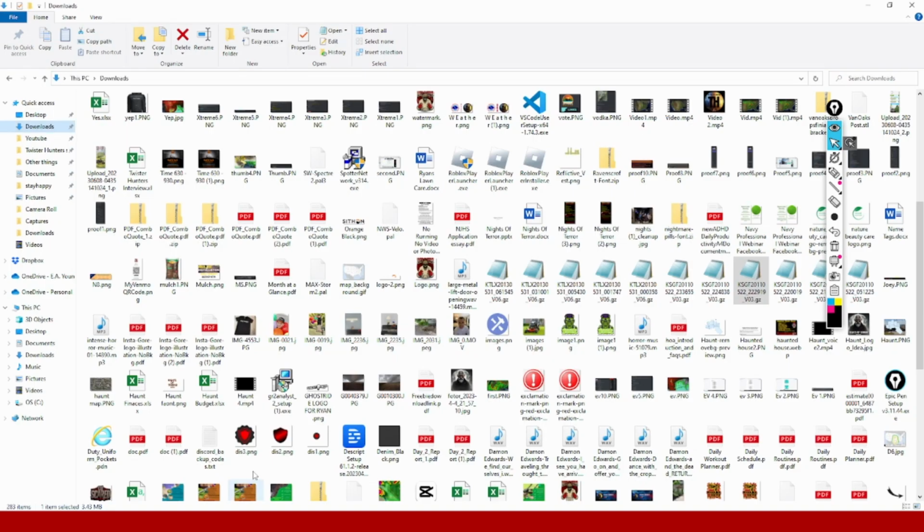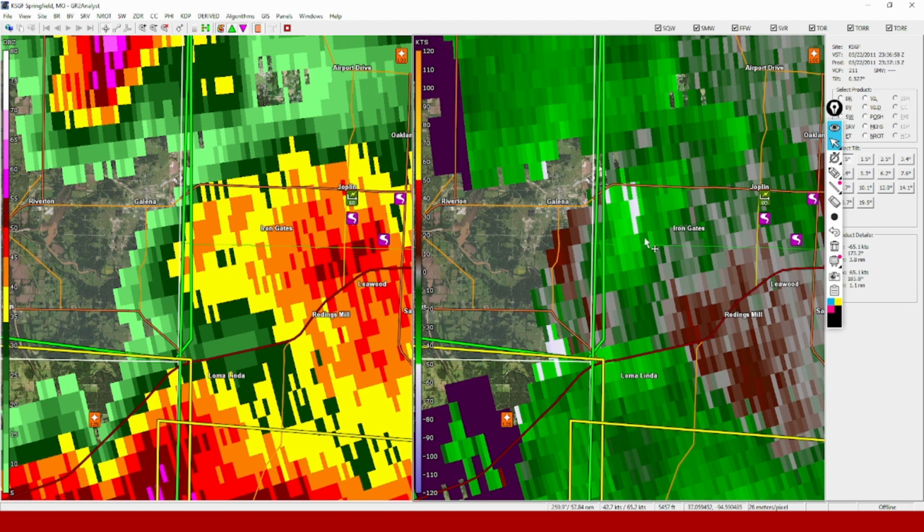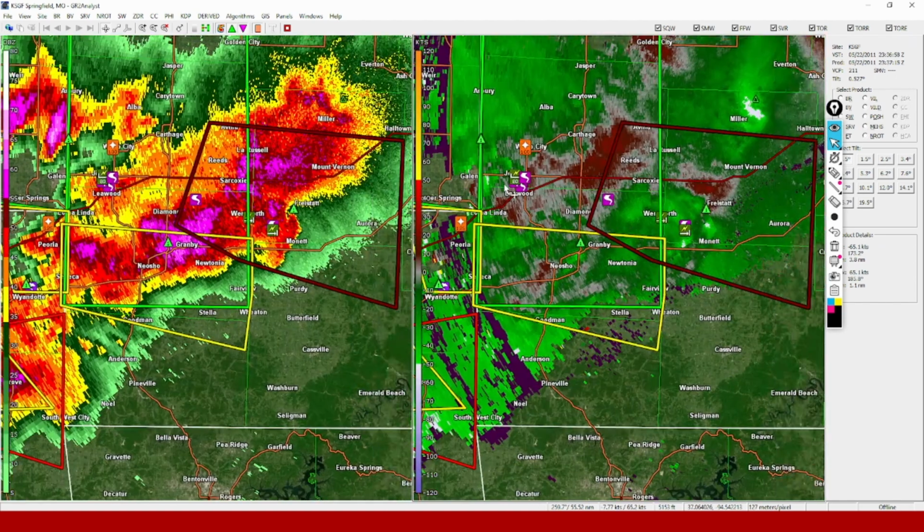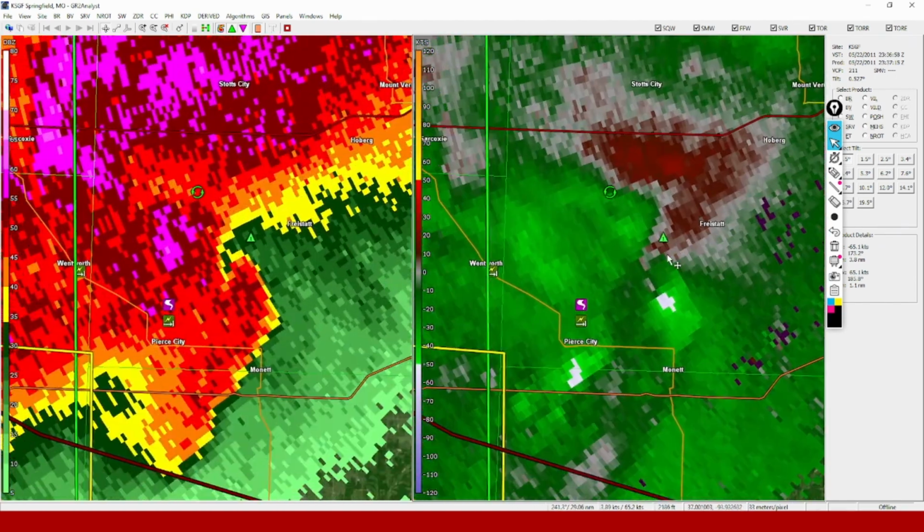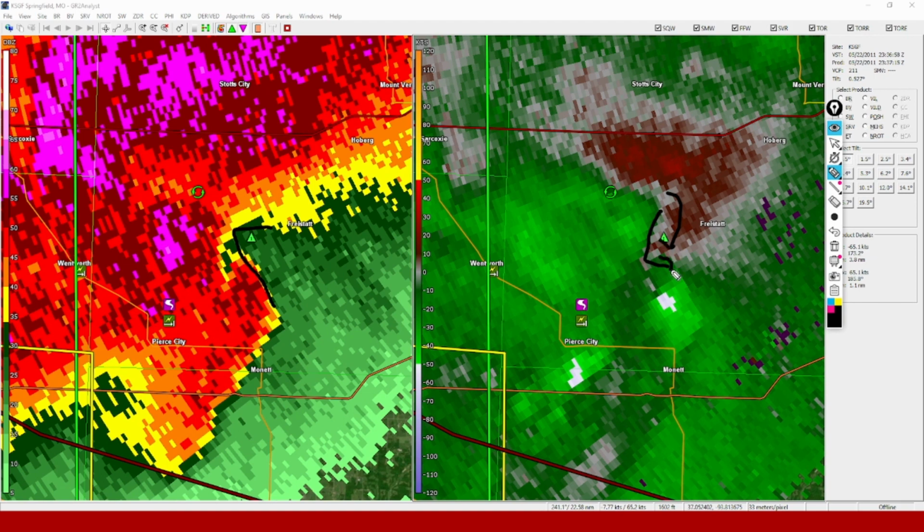Let me see what other data I have here. I haven't been on these in a while. So then here we've got after it's moved through Joplin. You could still see that notch over here. Looking at that notch, you can see you've still got that green and that red, and that mixing creates that sort of rotation.